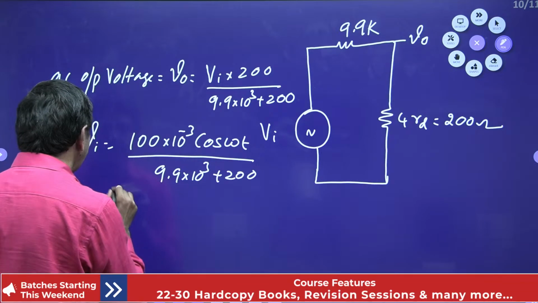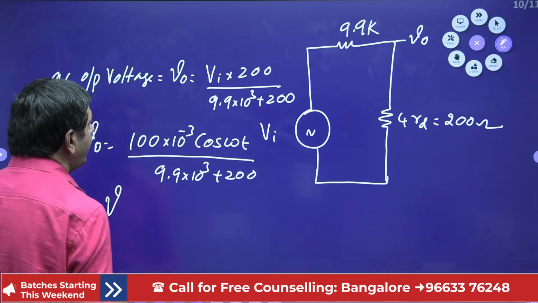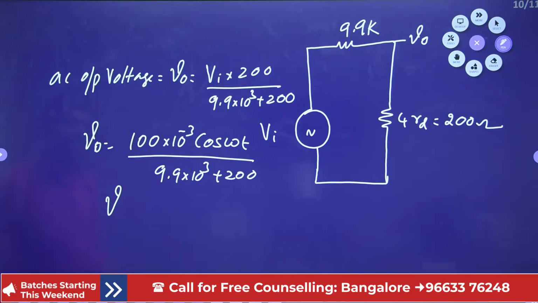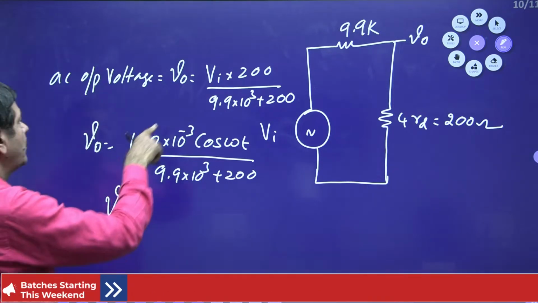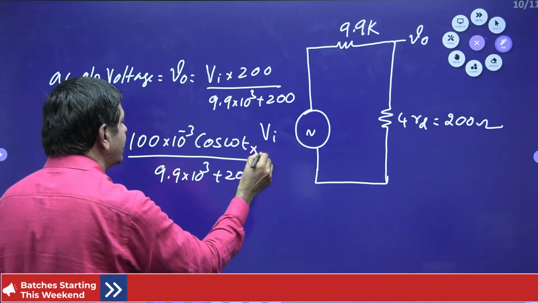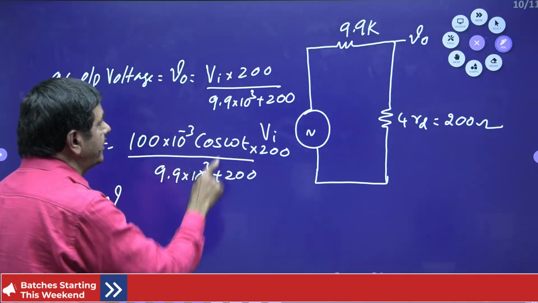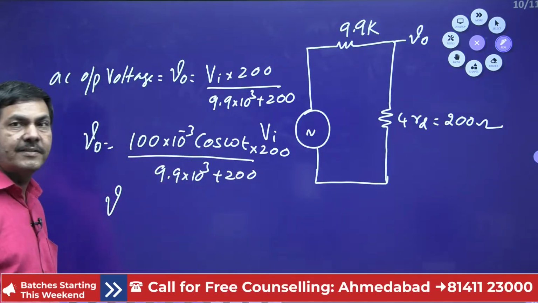Sorry, this is V naught. V naught is nothing but Vi, which is Vp cos omega t, into 200 divided by this value. That's V naught.